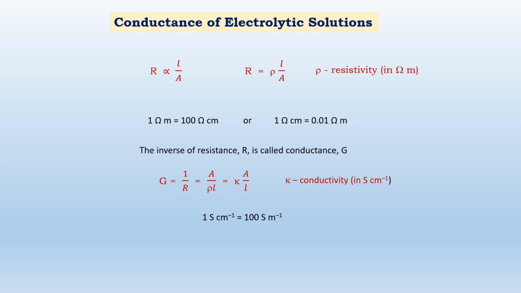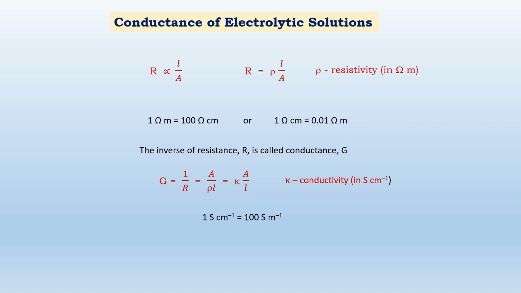Resistance is equal to rho into L by A, where rho is the resistivity of a material. What is resistivity? Resistivity resists the current depending upon the material. Say copper has one resistivity, iron has one resistivity, silver has one resistivity, and even wood has one resistivity. So resistivity will vary for different materials.